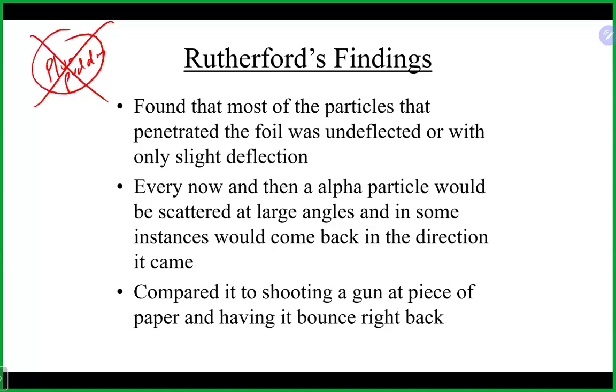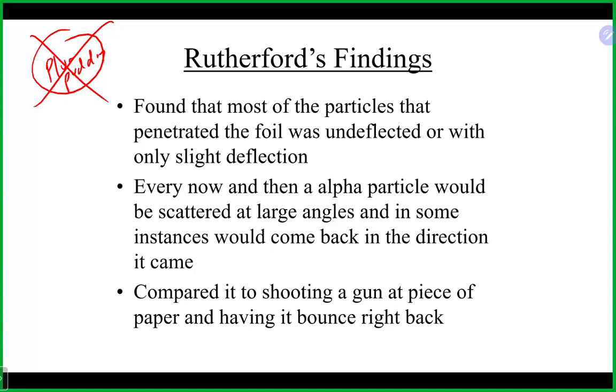But they were able to recognize that every so often these things would bounce off at these really large angles. And since these alpha particles are really, really positive, that meant that they had to hit something that was what type of charge? If it made this alpha particle bounce off at these large angles, it had to be very positively charged, right?